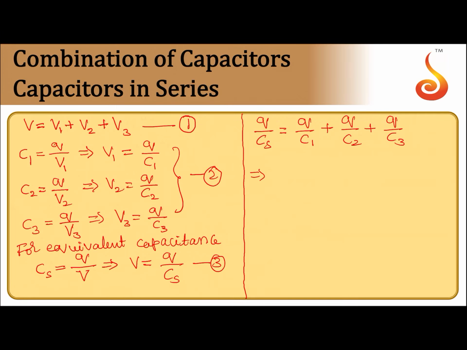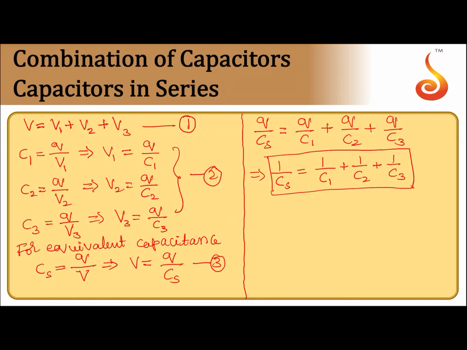Q gets cancelled throughout, and we get 1 by CS is equal to 1 by C1 plus 1 by C2 plus 1 by C3. So this is the expression for the equivalent capacitance of a number of capacitors connected in series.